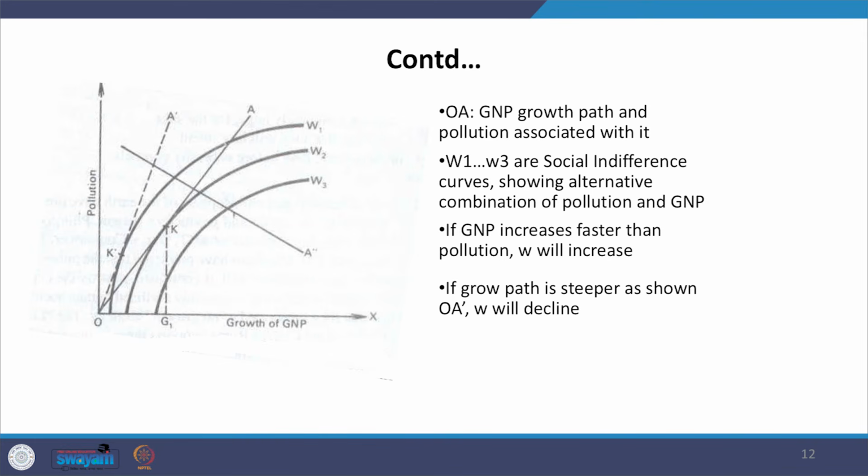First is the OA growth path, which is tangent to the curve at point K, and an optimum combination of pollution and GNP is determined at point K. But if we follow another growth path, OA dash, then we achieve another equilibrium point at K dash.